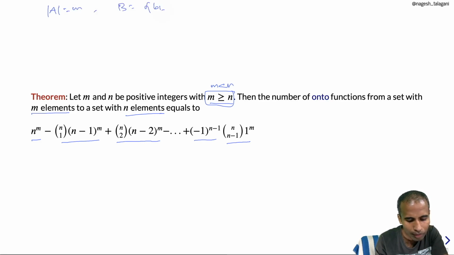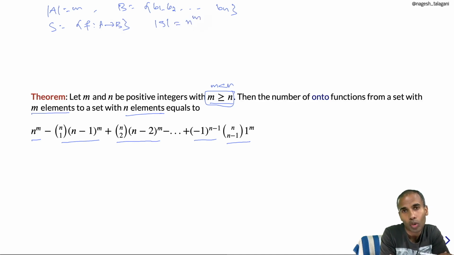Let me list them as B1, B2, and so on, Bn. Let us say these are the n elements of B. Now we want to count onto functions, right? First of all, let's take S equal to all functions from A to B, like a universal set. Then the number of elements in S is going to be n to the power of m, because we know how to count functions.